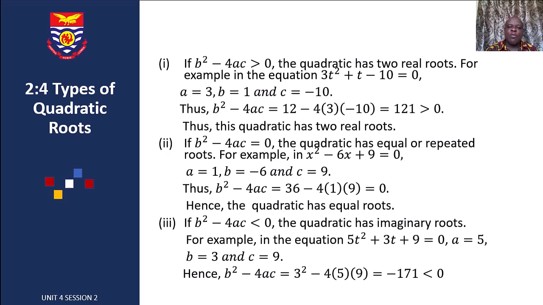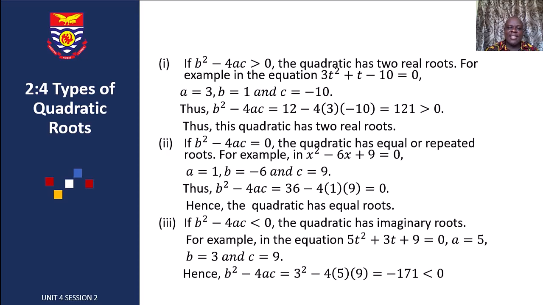For example, take x squared minus 6x plus 9 is equal to 0: a is 1, b is negative 6, and c is 9. If you put it into the discriminant and simplify, you get 0. So if you factorize that equation, you are going to get the same values, what we call repeated roots.